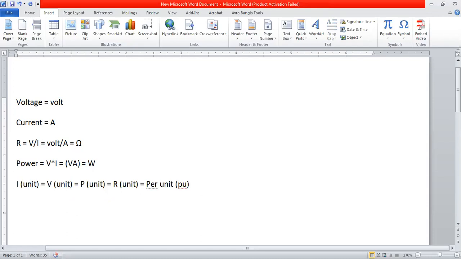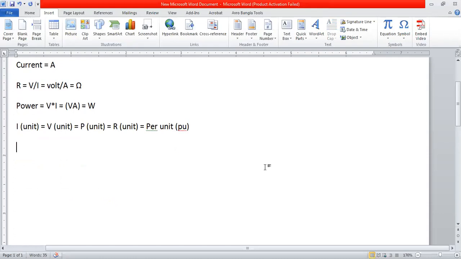For an example, we have a current equal to 5 ampere, and a voltage equal to 10 volt. Now we have to convert this ampere to per unit, and again we have to convert this volt to per unit.